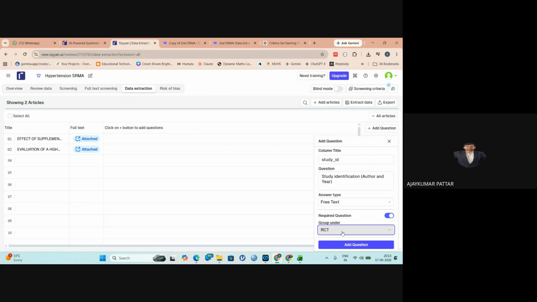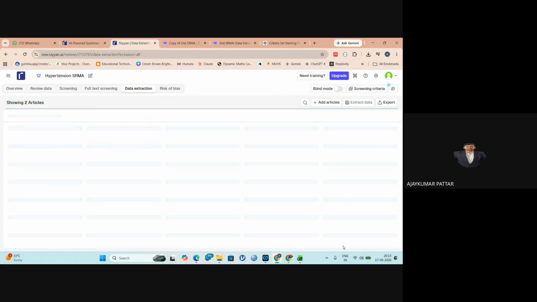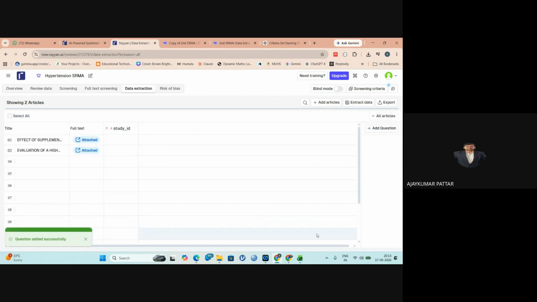Just for demo purposes, I will enter under RCT or so. I don't know for what purpose it is asking group under, whether it is asking for PICO group, whether it is under population, intervention or so like that, or what. But for demo purposes, I have entered RCT, then I will click add question.